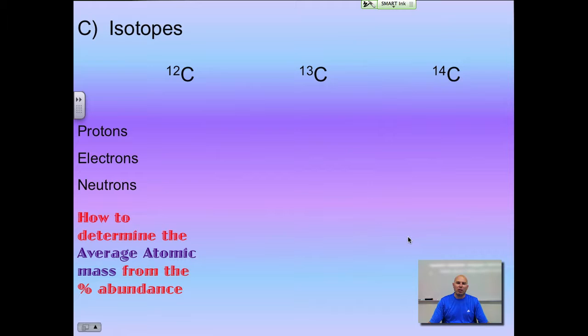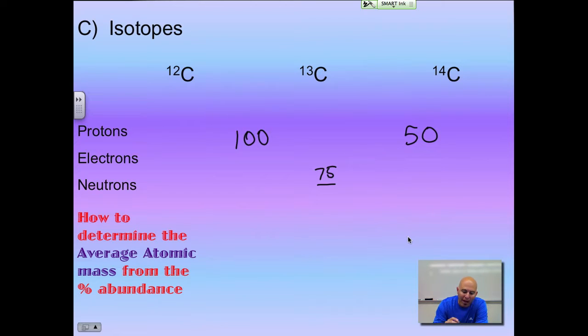So what we're looking at is, because we may have a larger abundance, a higher percentage of one versus the other, that brings the average closer to that isotope. And I always use the analogy of, let's say you had a 100 on a test and a 50 on a test. If you have the same amount, one 100 and one 50, well, yes, your average is right in the middle of that.